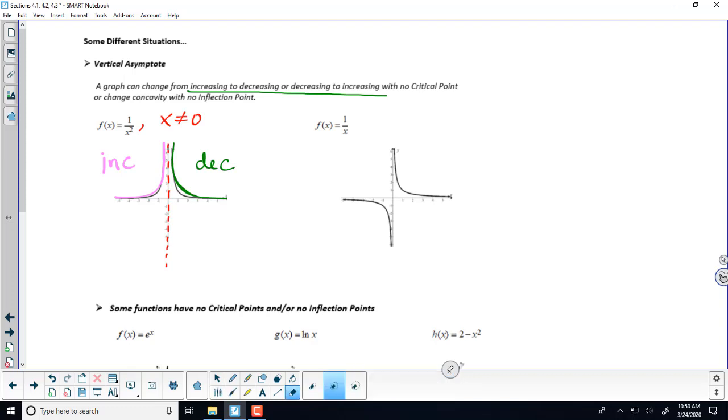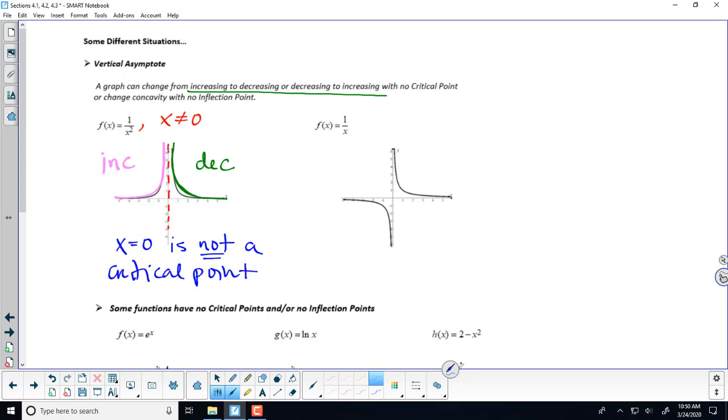But the big deal here is that x equals 0 is not a critical point because what? 0 is not in the domain.